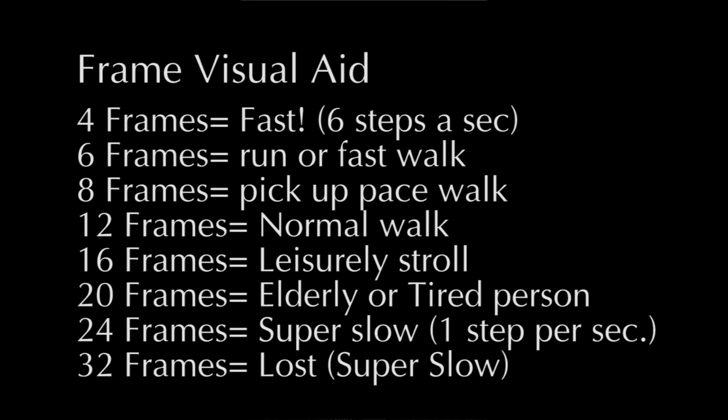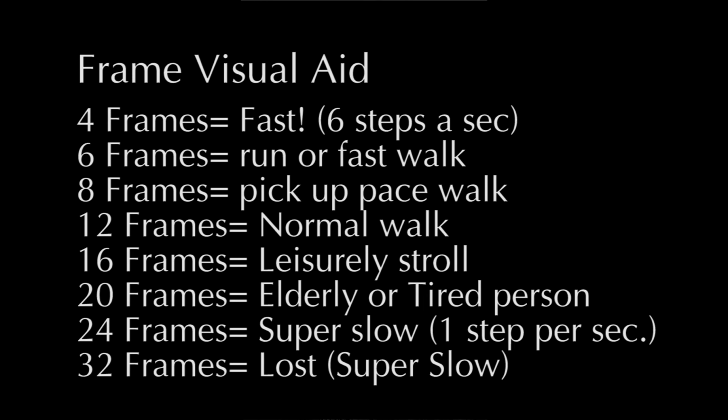As a suggestion for you new students, and a trick that I've learned, I know that if you want to do a very fast run, the faster the movement, the fewer frames it takes. So if you're doing a super fast run, I would say 4 frames. And if you're doing a run or a very fast walk, I would suggest 6 frames, 6 pictures. 12 frames is the normal we do if we just want a normal leisurely walk.